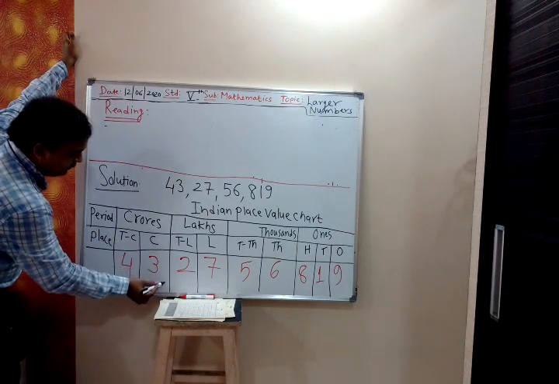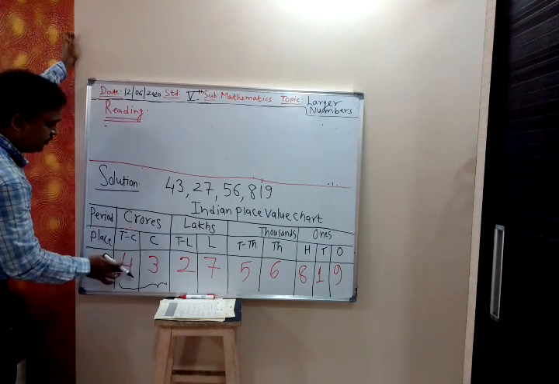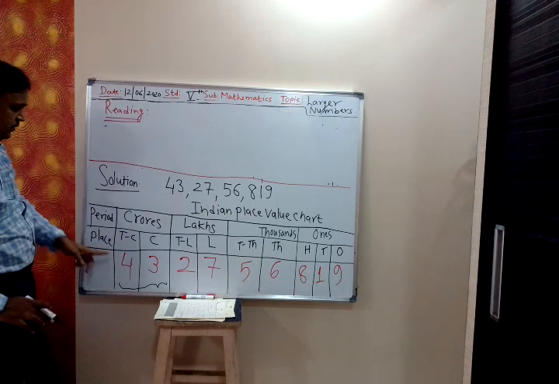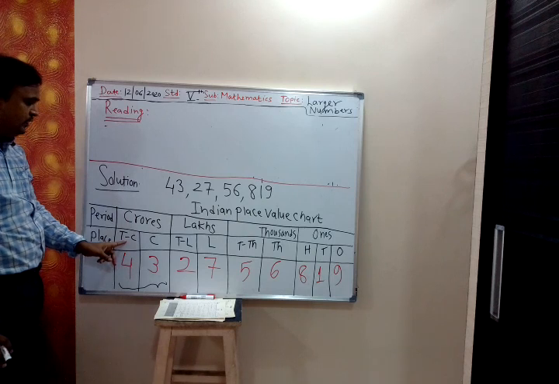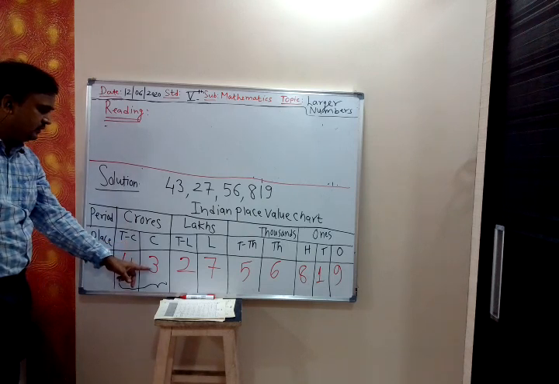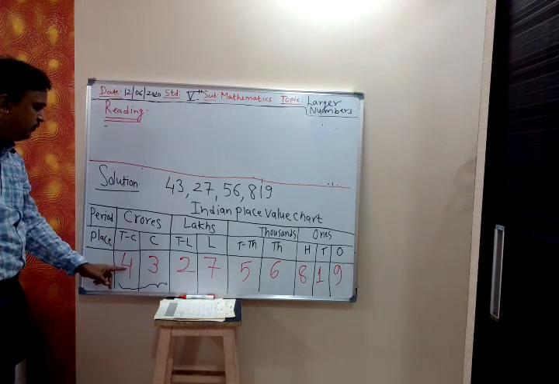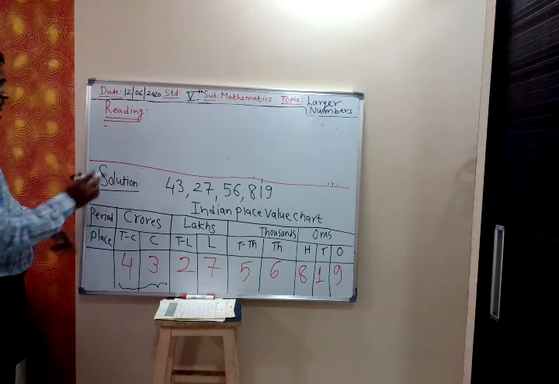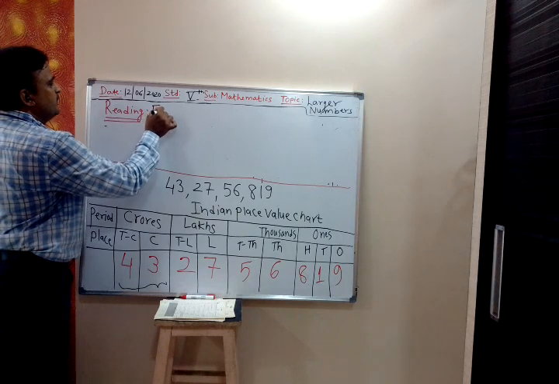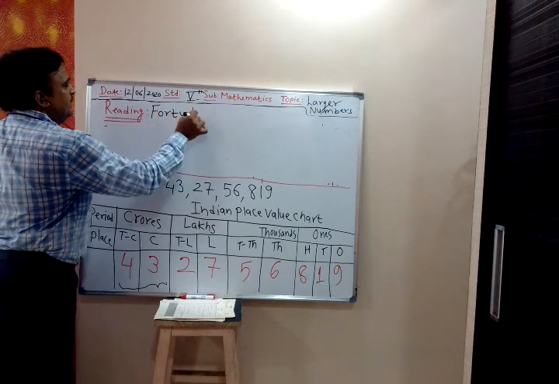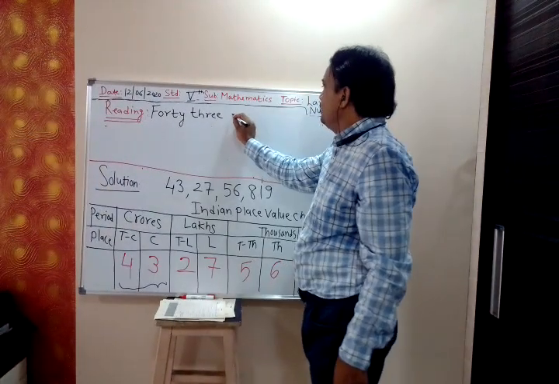So these two digits, 43, are in crores. 4 is at 10 crore and 3 is at crore, so it is 43 crores. We write 43 crores.